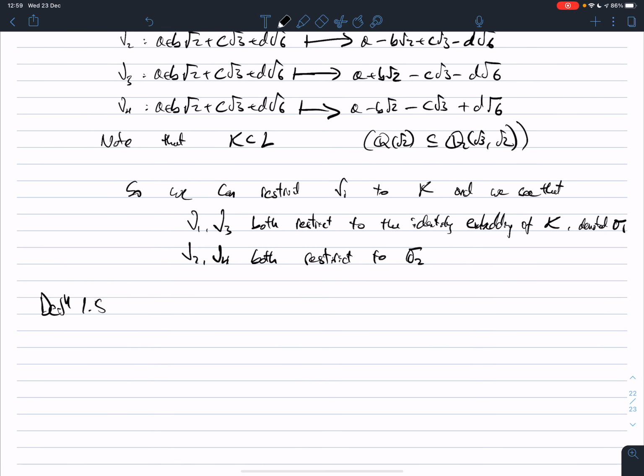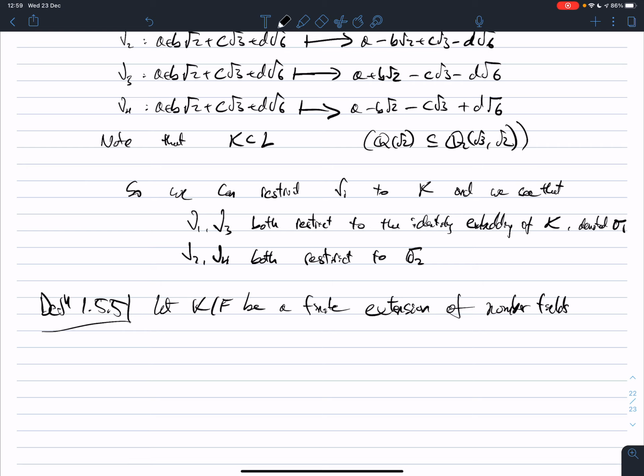Definition 1.5.5. Let K over F be a finite extension of number fields, and let sigma from F into the complex numbers and eta from K into C be embeddings.